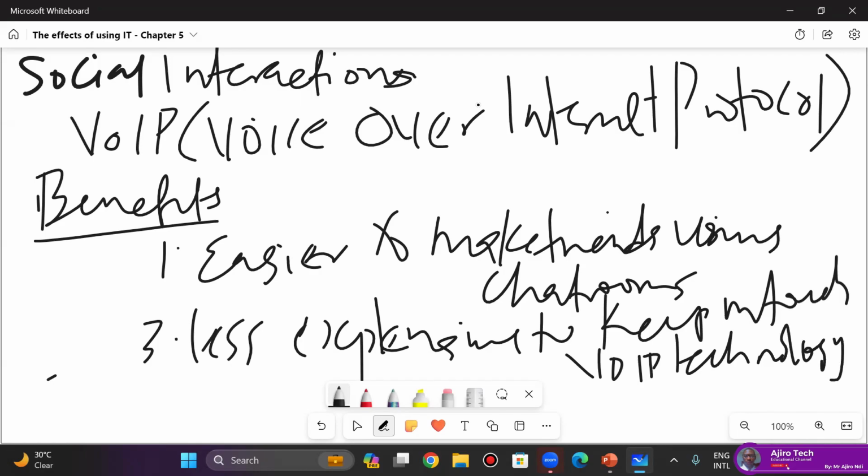It's less expensive because you're just making and receiving calls by the internet, unlike your normal calls, where you have to pay a lot of credit. But now you're just making calls via the internet. So this is very, very important.